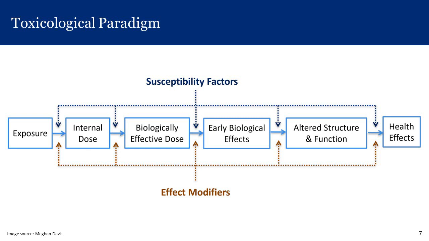And then you have the early biological effects as you start to see the cellular or molecular changes, which ultimately lead to altered structure and function, for example, at an organ level, and that this is manifest in health effects like symptoms. And the various susceptibility factors and other modifiers can influence how exposure becomes a health effect.